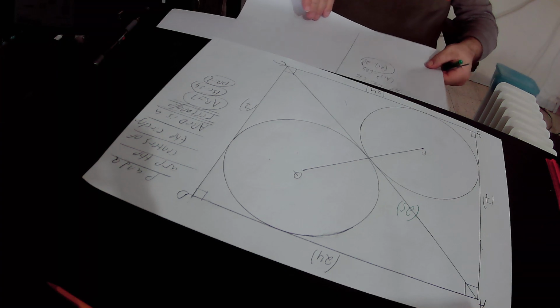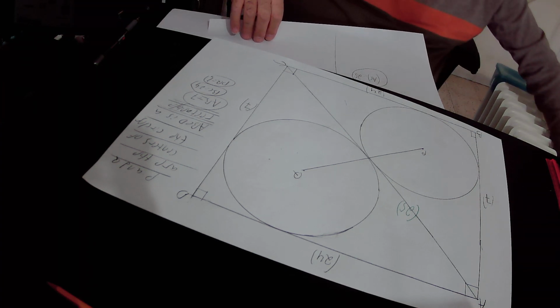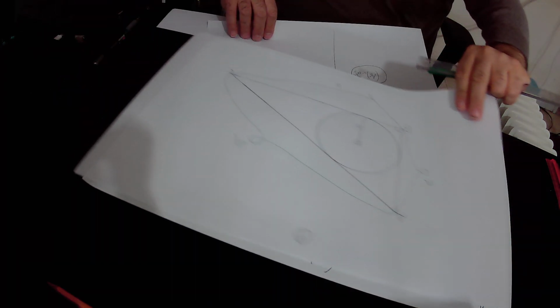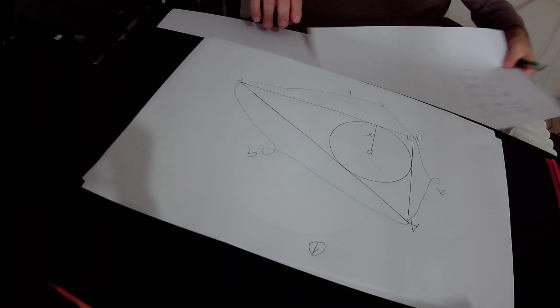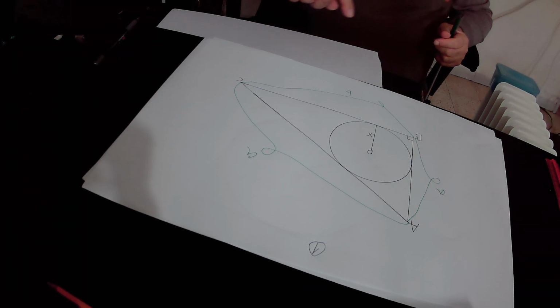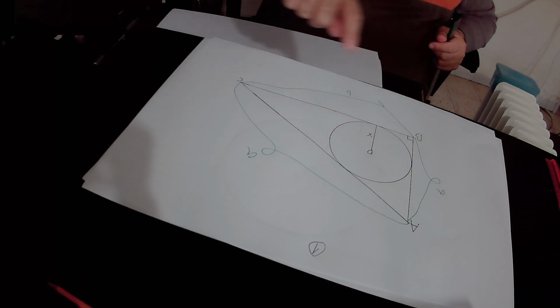And so here we'll find out a general formula for a radius of a circle that is blocked by a right triangle.